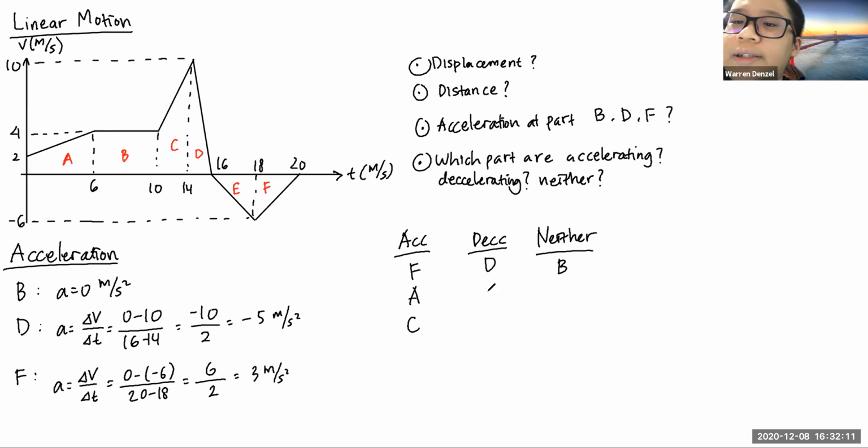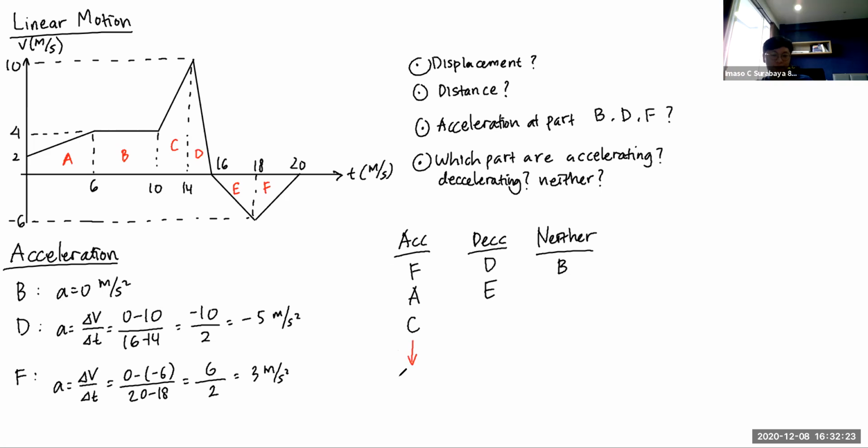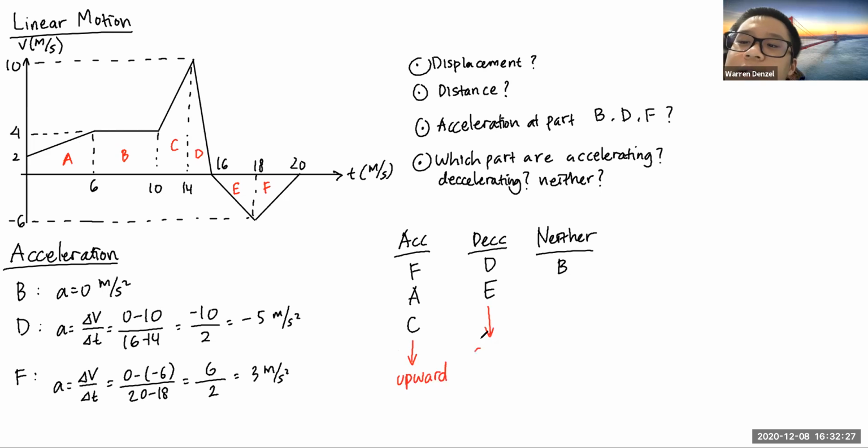E is also decelerating. And F, accelerating. So what can you see from this about the shape? Accelerating means it's going up, decelerating is down, whereas neither does not go anywhere. It's just horizontal.